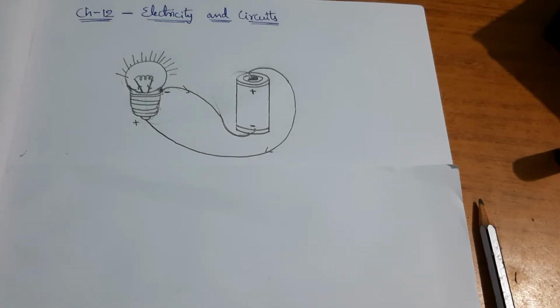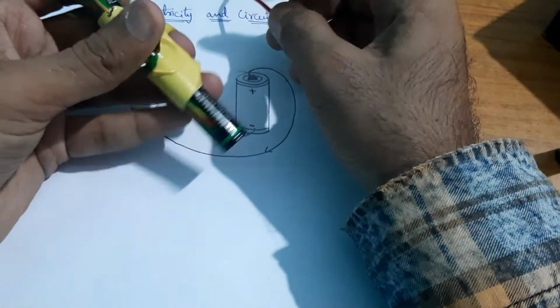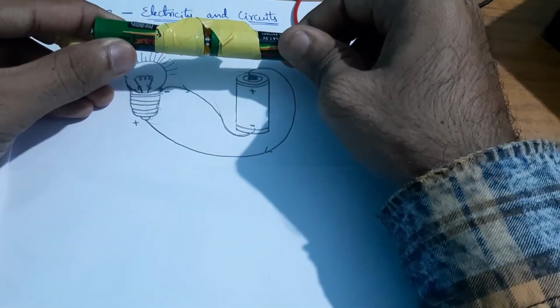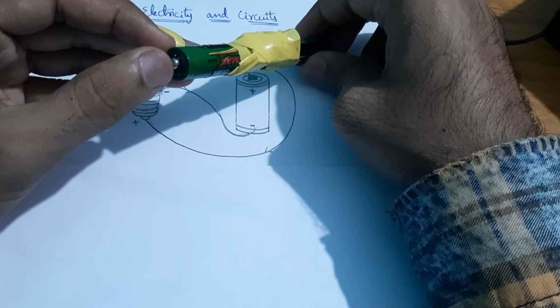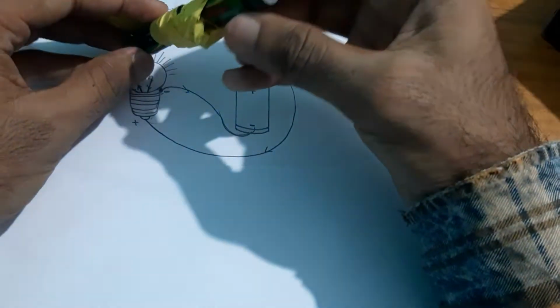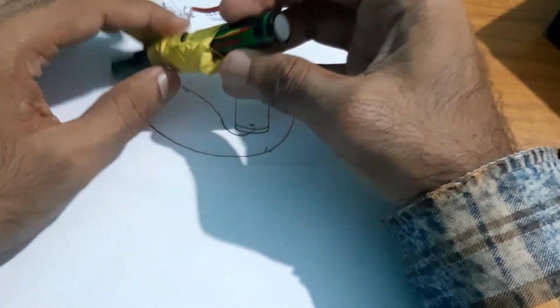Now let us demonstrate the glowing of a light bulb with the help of a cell. So I have taken two cells and connected them in this way. This is the positive terminal which has the metal cap, and this is the negative terminal which has the flat plate.